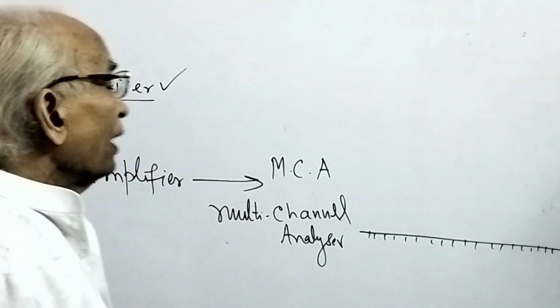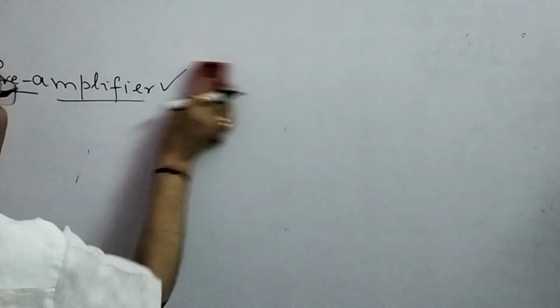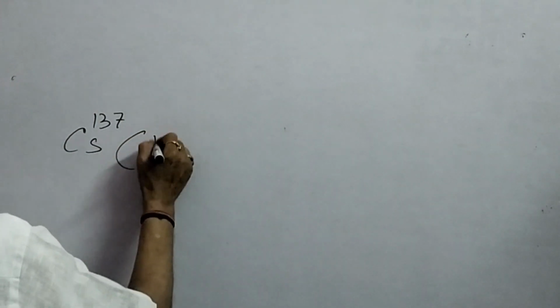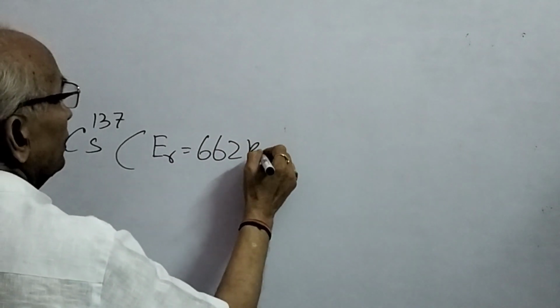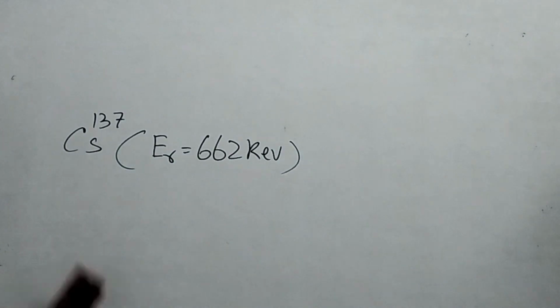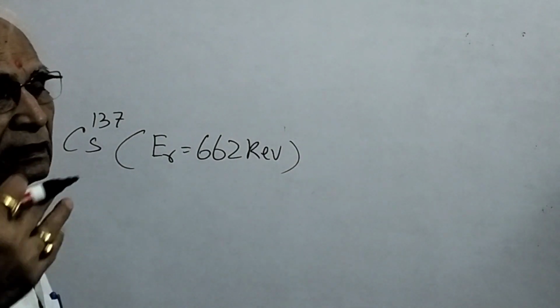But what is the gamma ray spectrum? Take the example of a cesium-137 radioactive isotope. This gives a gamma ray of energy 662 keV. I put this source on top of the sodium iodide crystal and finally get the electrical pulse after the pulse discriminator.